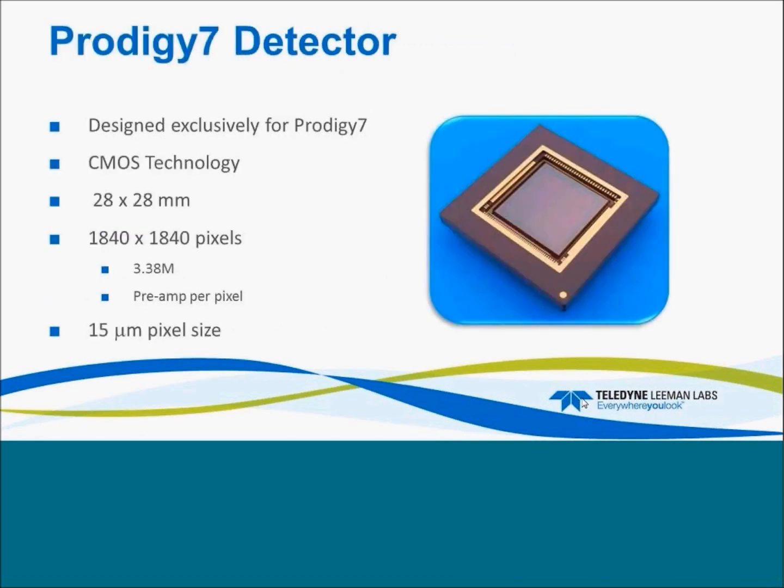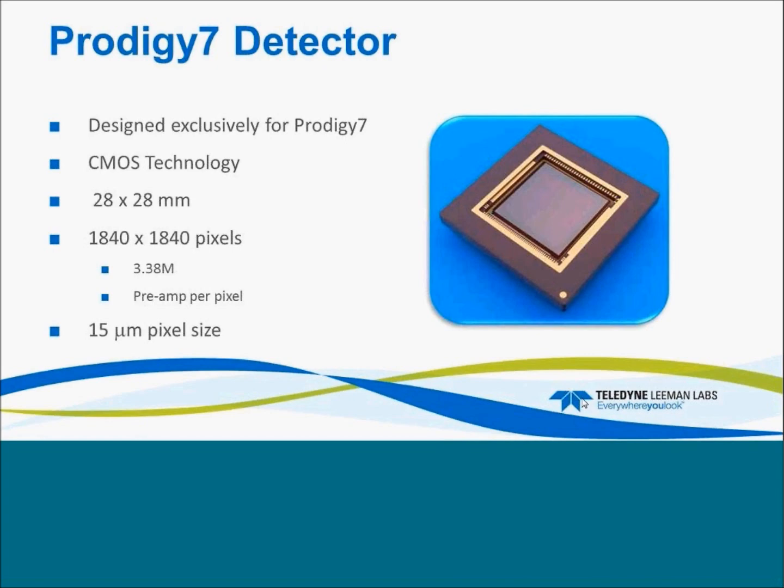Okay, so here's the detector. It's exclusive to the Prodigy7 CMOS technology. The size is about 28 by 28 millimeters, so it's the same size as the LPAD. That was one of the important design criteria: we wanted the same size so we could still maintain one reading to get the entire spectrum. It has a lot more pixels than the LPAD did, approximately 3.4 million pixels, or 1840 by 1840 pixels.